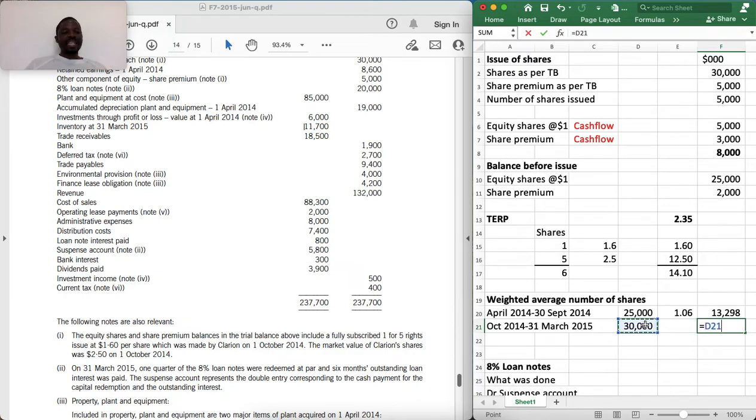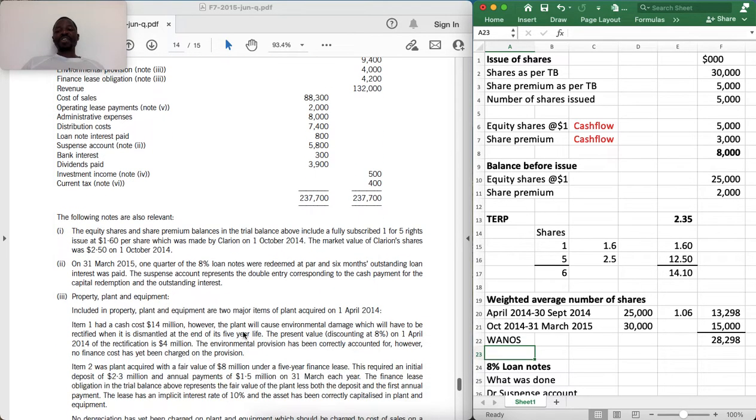So we'll say 30,000 multiplied by 6 out of 12. Then we sum up. When we sum up that, we get the weighted average number of shares. Some like to call it WANOS, weighted average number of shares. This is the number of shares that we will divide by when we are calculating the earnings per share.